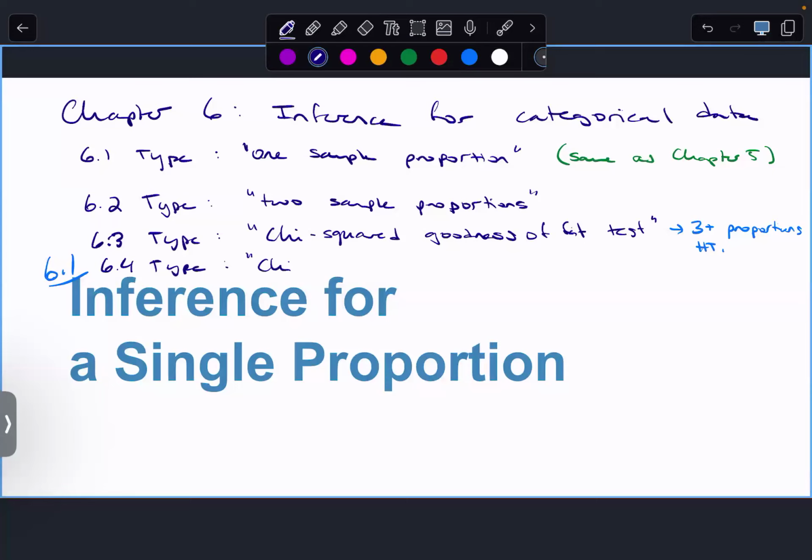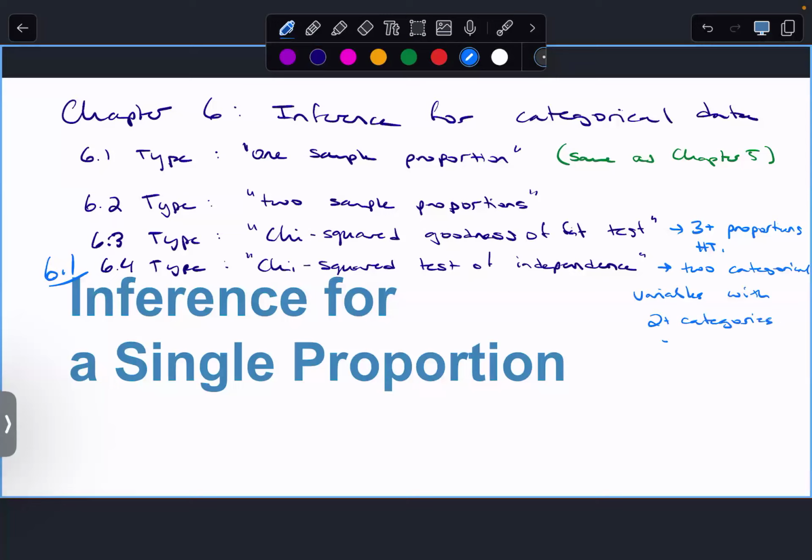That doesn't mean anything to us right now, but then we have two categorical variables with 2+ categories each, which is a contingency table, which we've seen before.